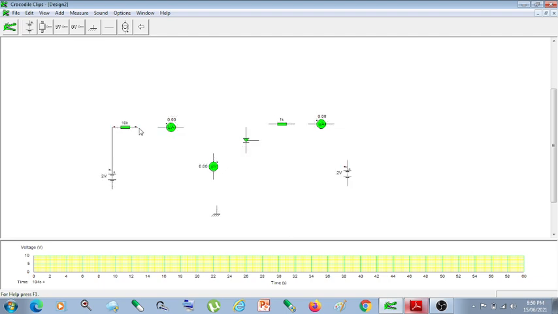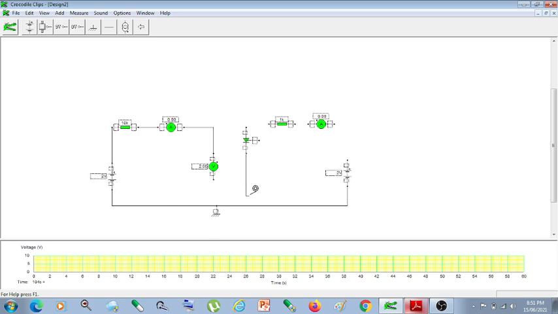We can check the value using the probe, so you know the basic things. Connect this one to the ground. Next one, connect to SCR.